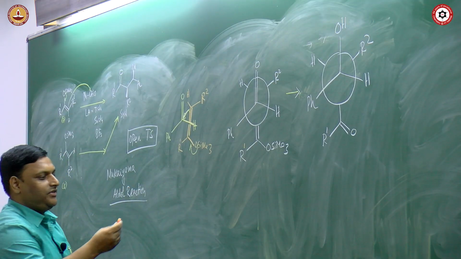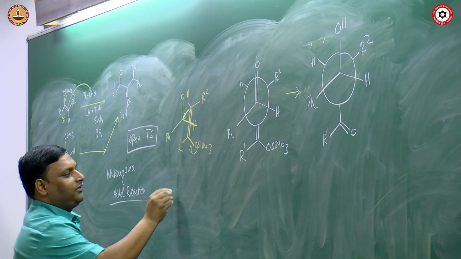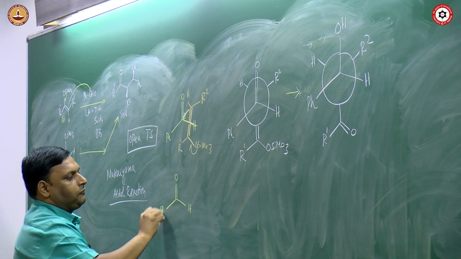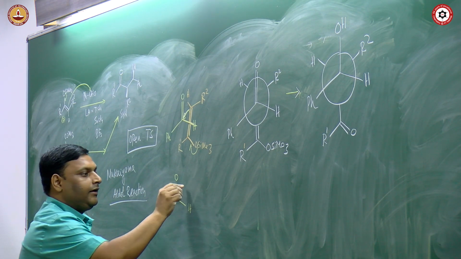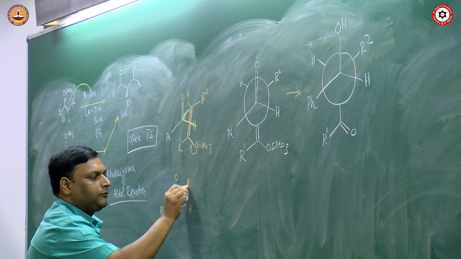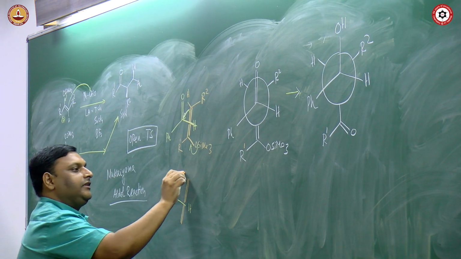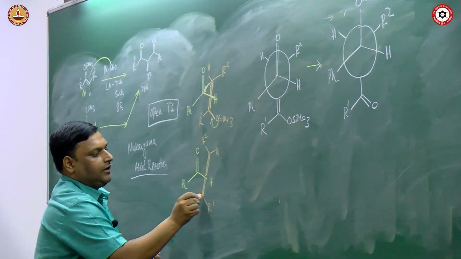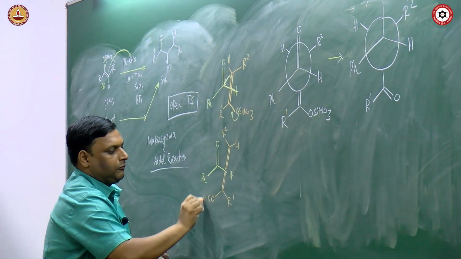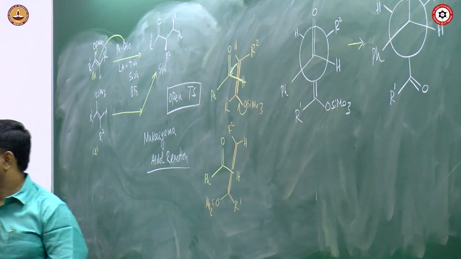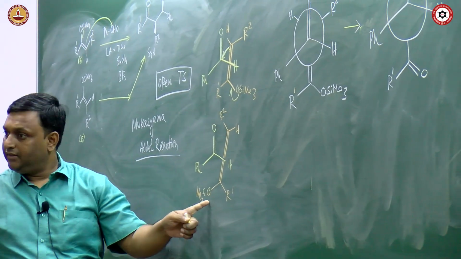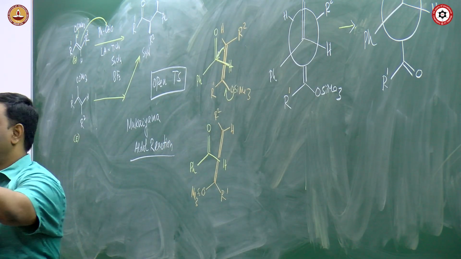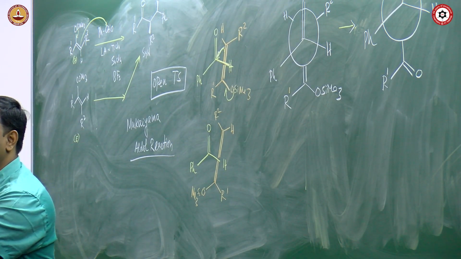So what I am trying to say is that I can draw another one: hydrogen, phenyl, and then this is the R2, this is the hydrogen, this is the R1, this is the OSiMe3, correct? This is also a Z enolate. One time it was like this, next time I draw like this.